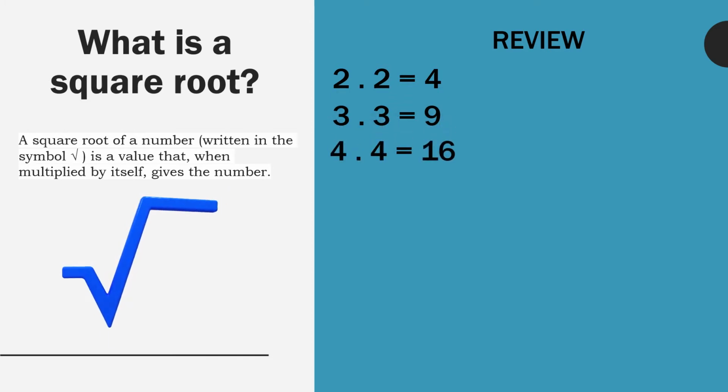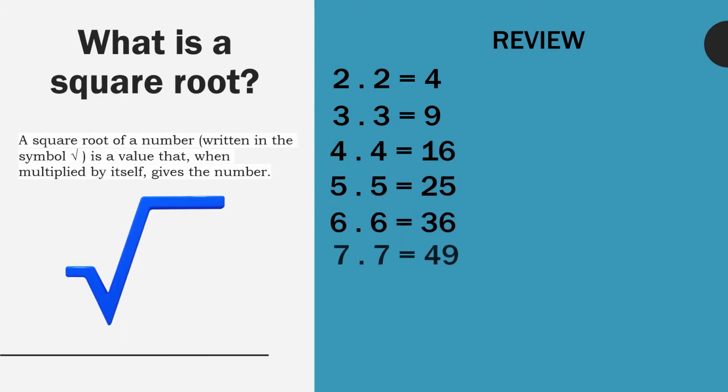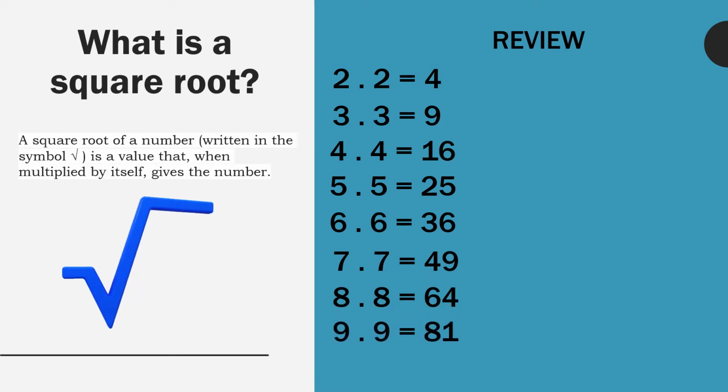You have 4 times 4, you have 16. 5 times 5, 6 times 6, 7 times 7, 8 times 8, and 9 times 9. Actually, you can continue to go. Pwede 10 times 10, which is 100, 11 times 11, 12 times 12, 13 times 13. Okay? So, padayon. And, dapat somehow familiar mo sa mga result, ana.